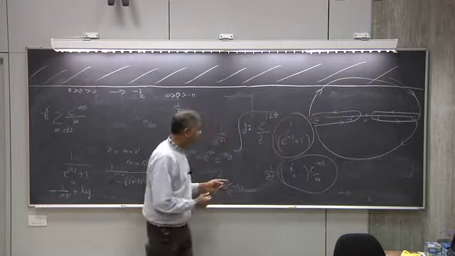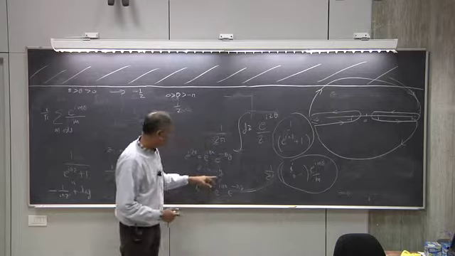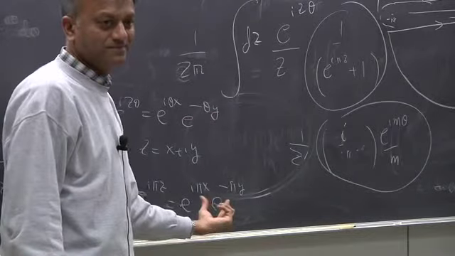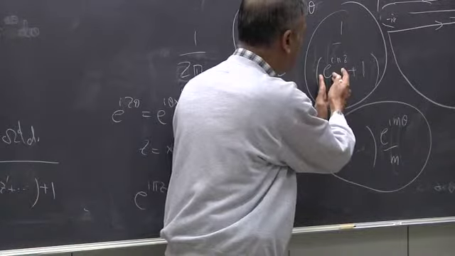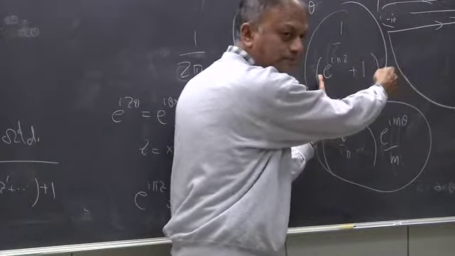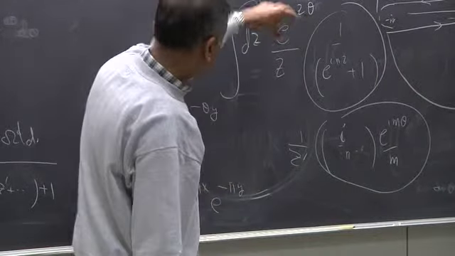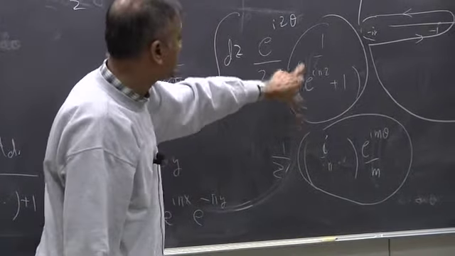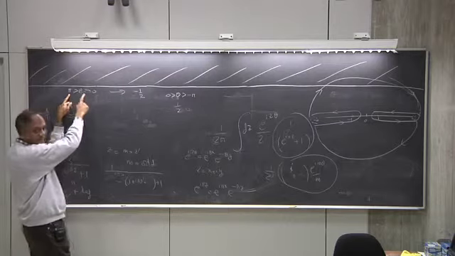What happens in the other limit, where y is negative? Here both of them exponentially blow up. This is much larger than that, so I can ignore 1. What is left over is exponentially blowing up, but one is blowing up more rapidly than the other, precisely because theta is in this range.